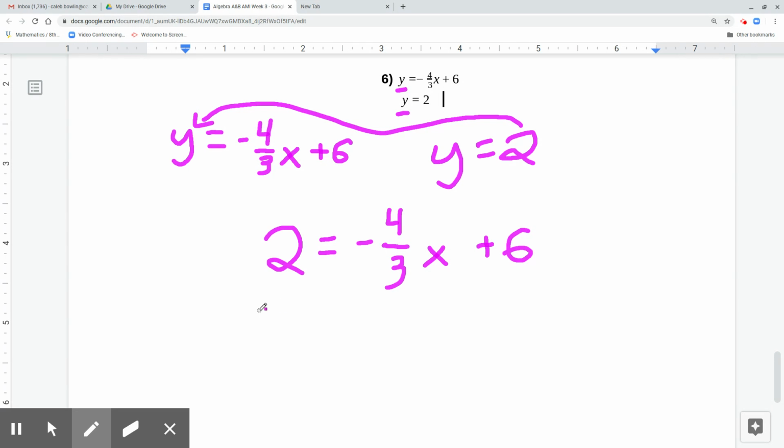Now I need to use inverse operations. The first thing is to get rid of this 6, which I do by subtracting 6 from both sides. 2 minus 6 gives me negative 4, and that is equal to negative 4/3 x.